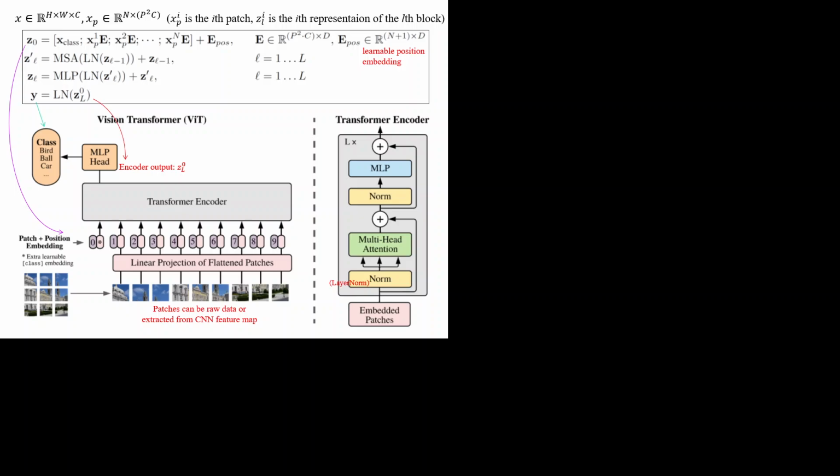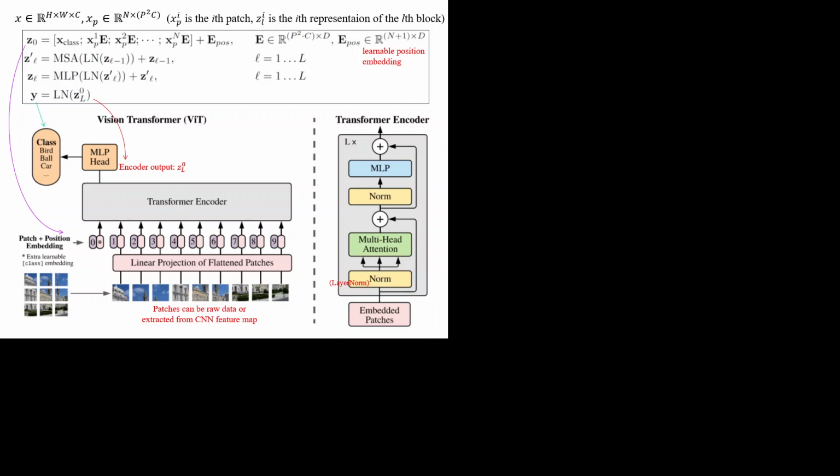Okay? So the encoder finally generates a new representation for each token. But I only keep this one. I skip all the other tokens, I just drop them out. I don't use them. I only use this one's output. It's called the encoder output Z0, where 0 means its location.